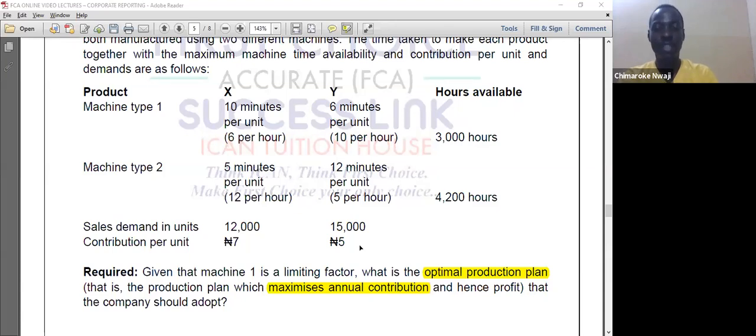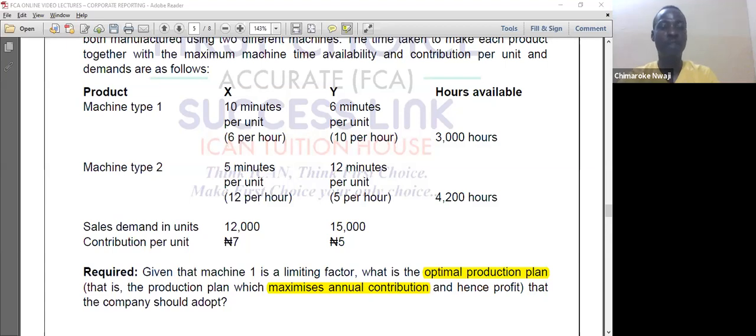Now that you've known this, you are going to go backward. How many units should be here? Look at what you're going to do. This product X, you have 10 minutes, which is how many hours? Divided by 60.